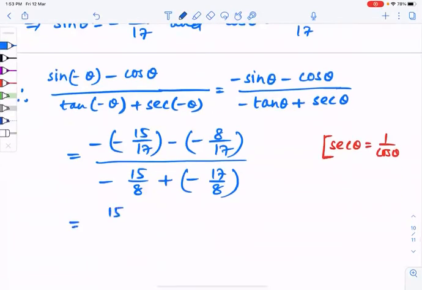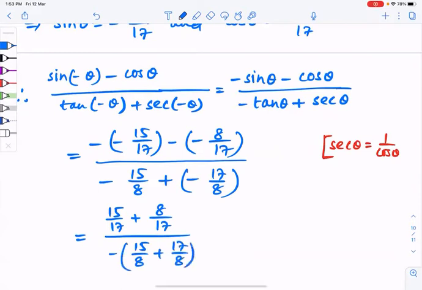So it is 15 by 17 plus 8 by 17 divided by minus 15 by 8 plus 17 by 8 if I take minus common. So 23 by 17, this one, so minus 8 by 32.